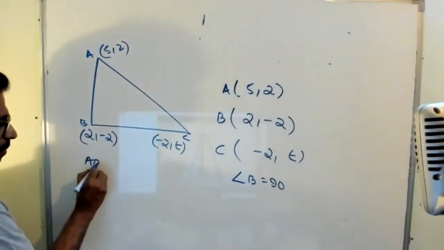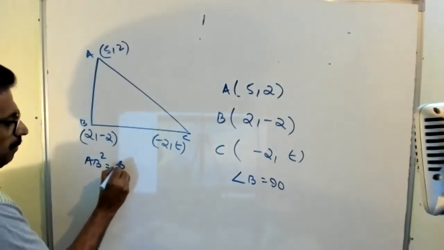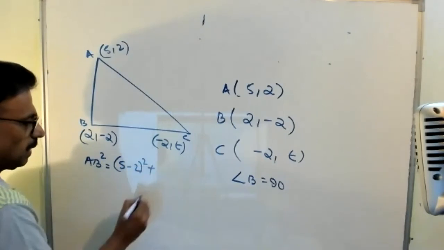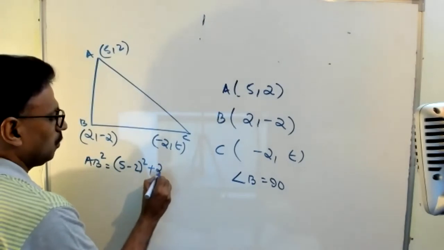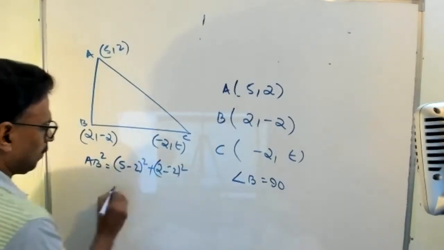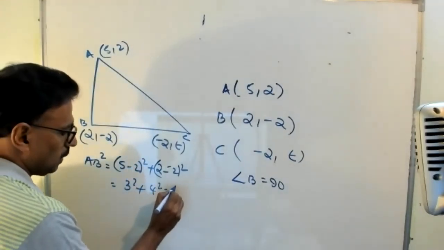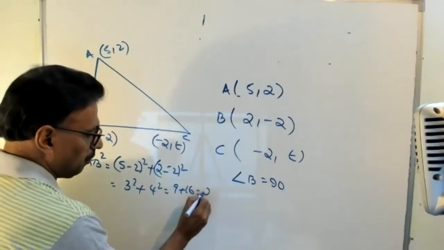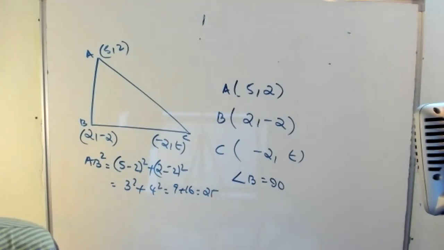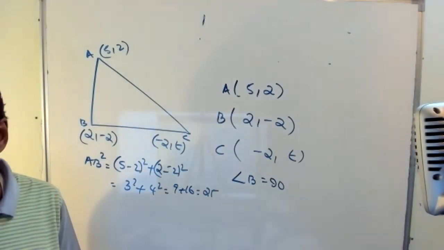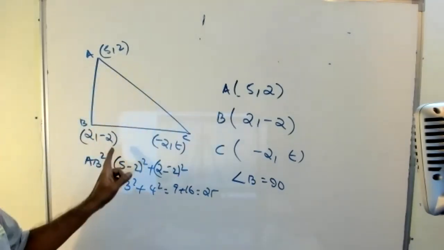AB square equals (5 minus 2) whole square plus (2 minus (-2)) whole square. That is 3 square plus 4 square, 9 plus 16 equal to 25. This is our AB square, 25.